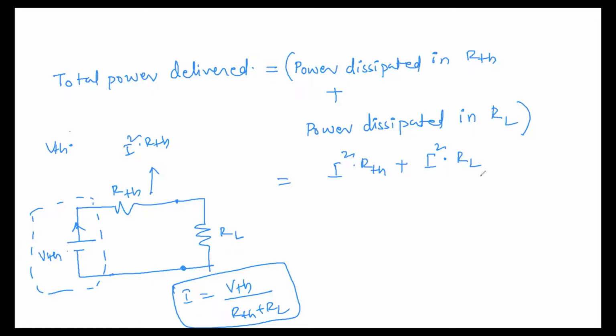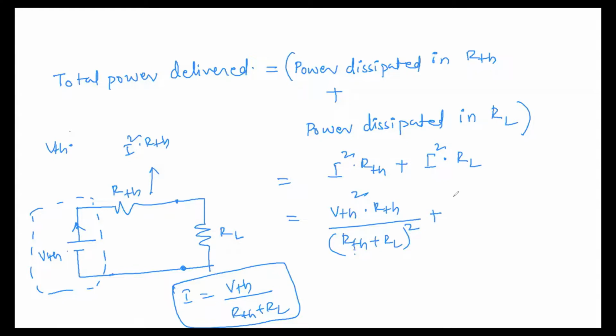I square RL, previously what we got? It is VTH square divided by 4 RTH, yes or no? Current is VTH divided by RTH plus RL, so if you square it, you get RTH plus RL whole square.